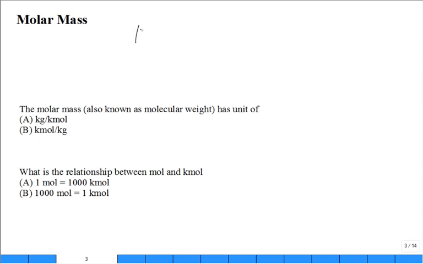Molar mass, big M. What are the units on big M? It's kilograms per kilomole. Previously, we talked about how much mass there was and how many moles there are. Isn't it the ratio of m to n?